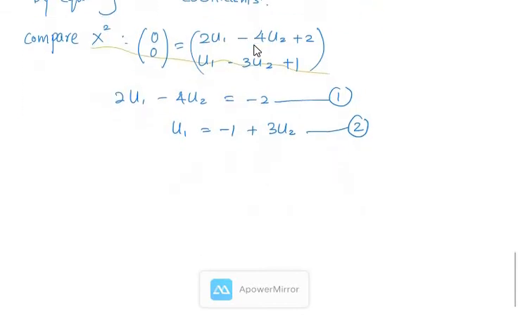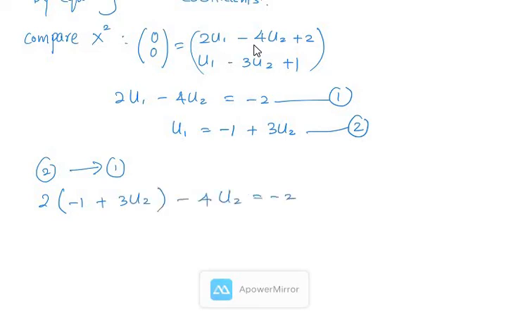plus 3u2. So this one is equation 1 and second row is equation 2. So I substitute the equation 2 into the equation 1. Okay, so I have 2 times negative 1 plus 3u2 minus 4u2 equal to negative 2. Negative 2 plus 6u2 minus 4u2 equal to negative 2.